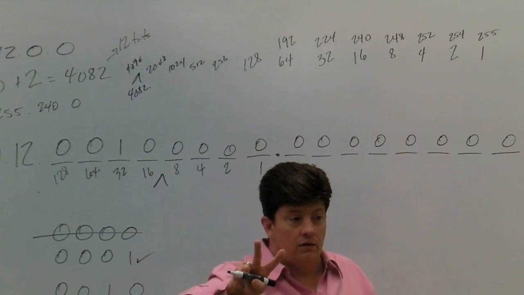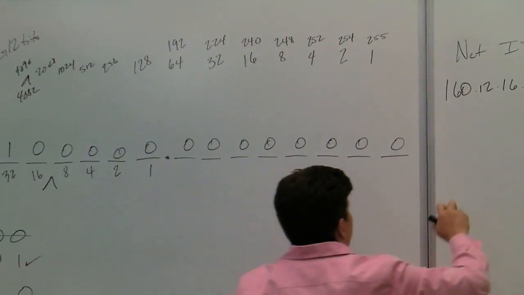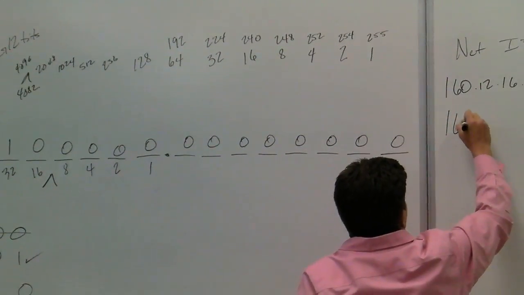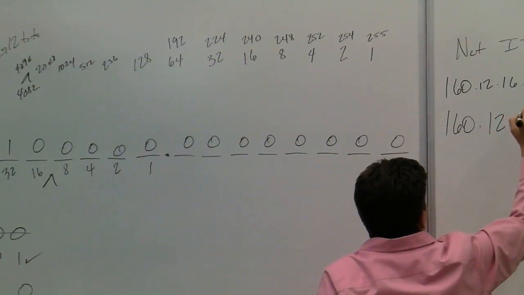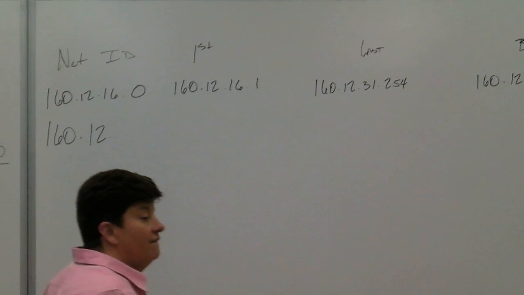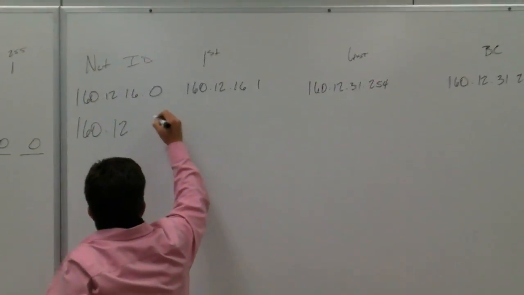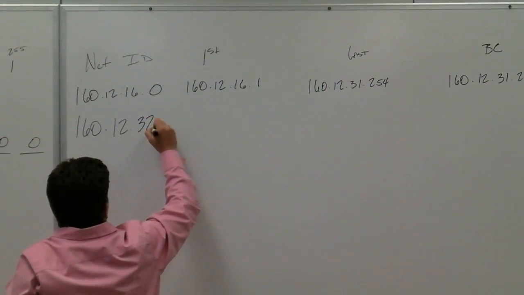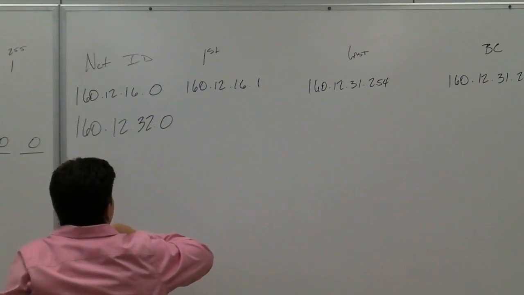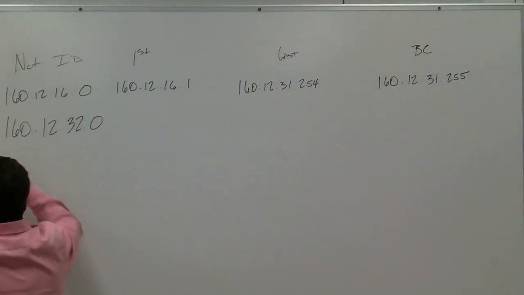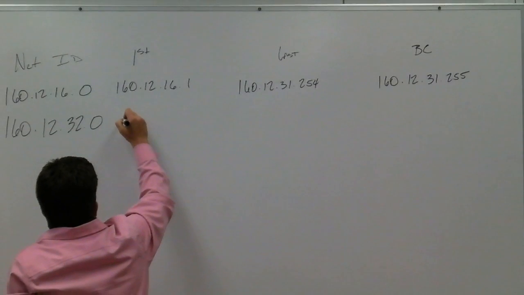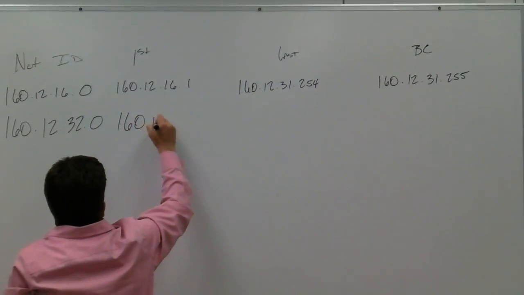Okay? And what number do we have? 160.12.32.0. Right? Last bit, make it a 1. And I get 160.12.32.1.